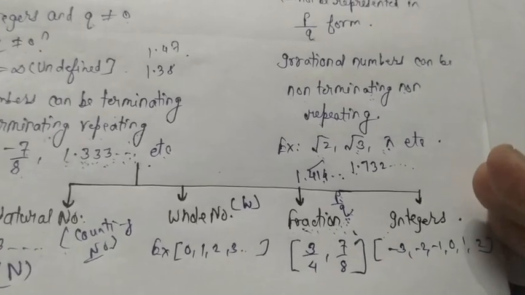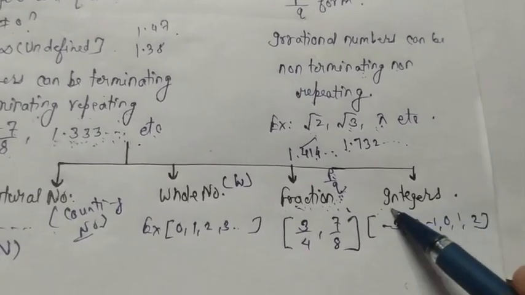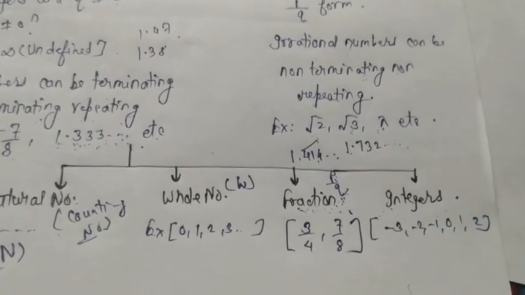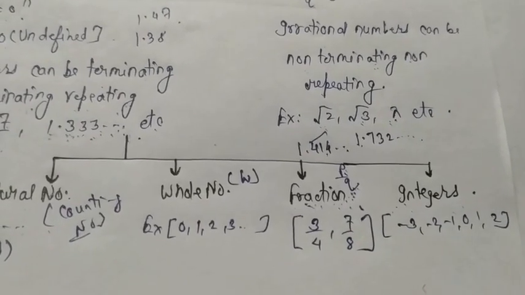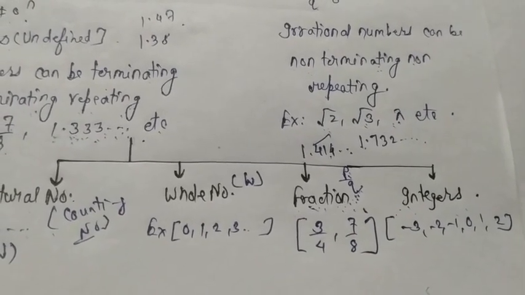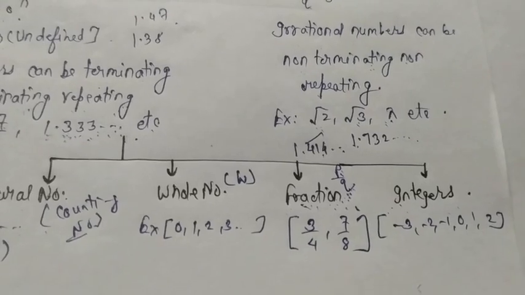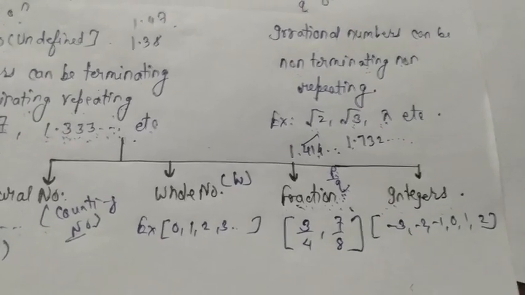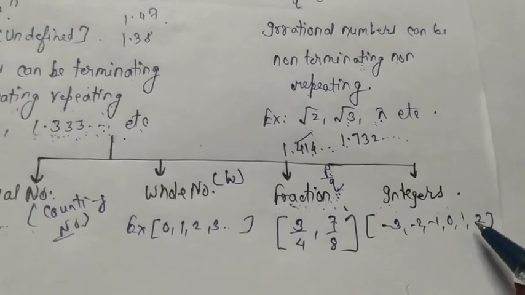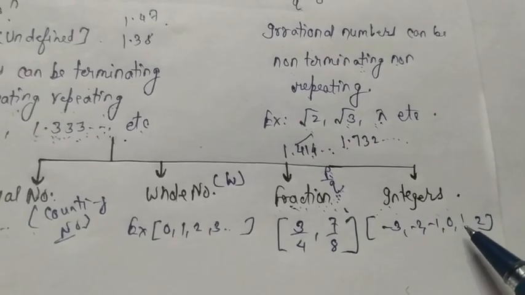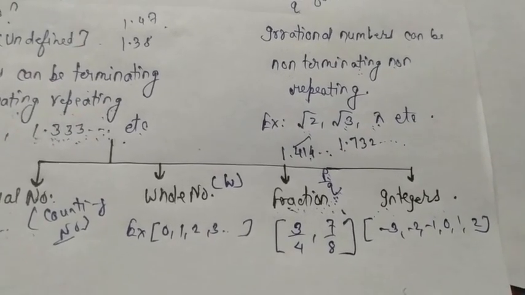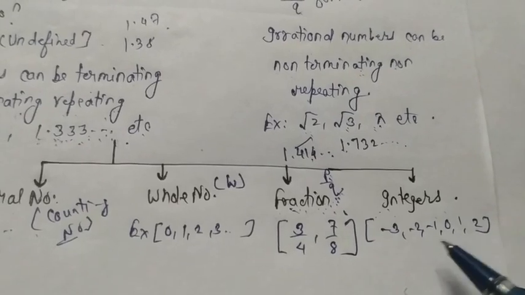Now, the last thing is integers. What are integers? You know natural numbers start from 1 to infinity. First we take all the positive numbers, then we take all the negative numbers.